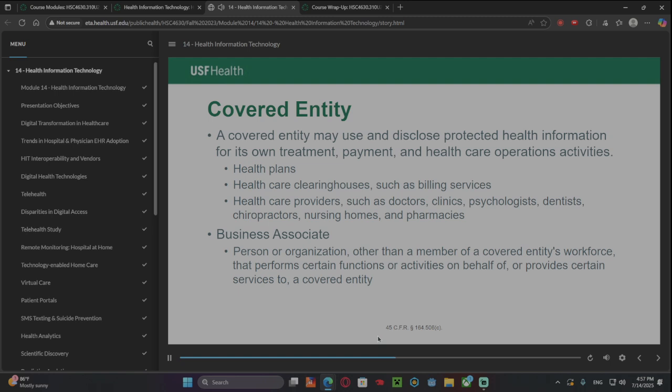These covered entities can expand the relationship to other organizations to be covered under HIPAA. These are called business associates, which are persons or organizations other than the covered entity that perform certain functions or activities on behalf of or provide certain services to a covered entity. All other parties should not receive protected health information.